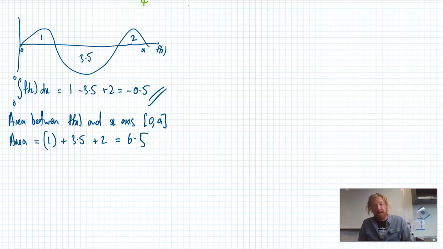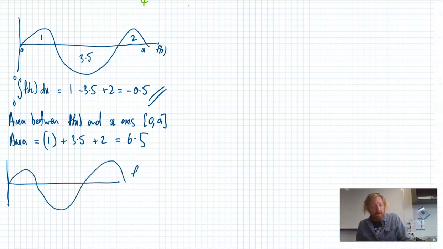Okay, if I do this in a general case, I can say, right, I've got another function here, the same function really, f of x. I'm going to go from 0 to, let's put in some intermediate points here, and we'll look at this property a little bit later, that you can split those.